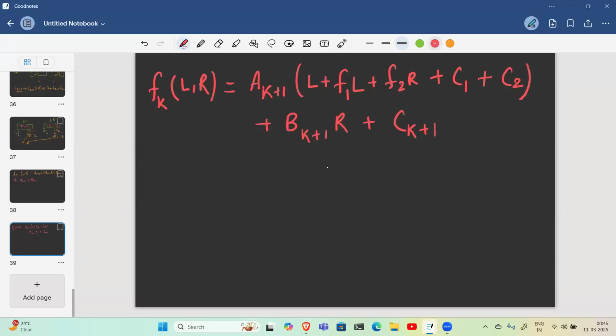Now I need to rearrange them to find the coefficients a_k and b_k, right? Anything which is attached with L is a_k, right?